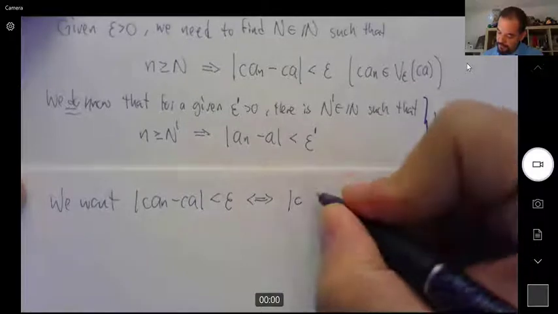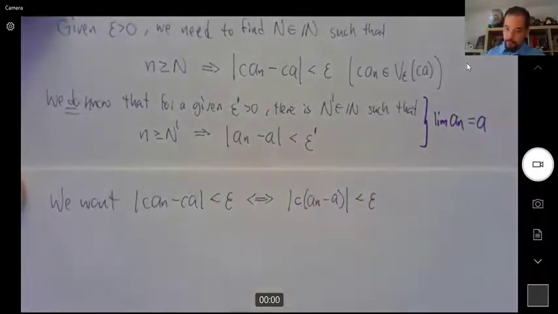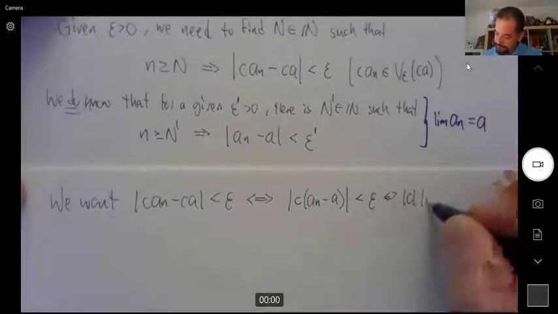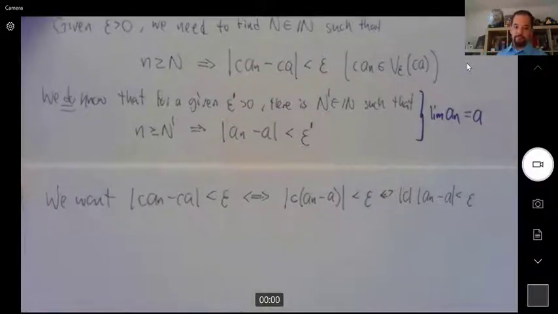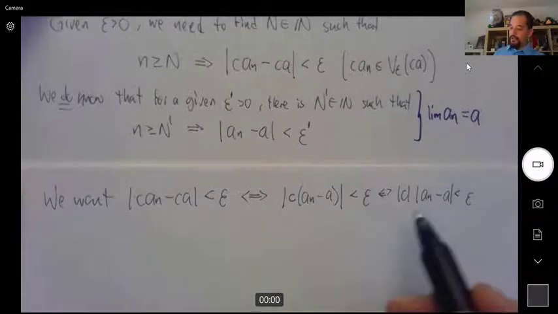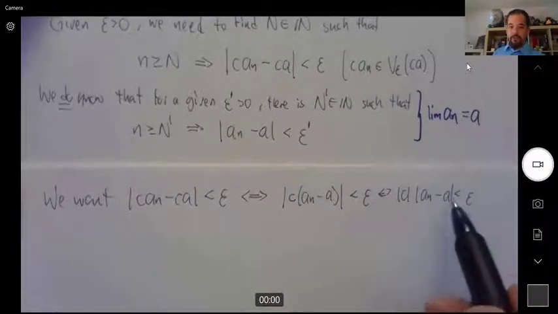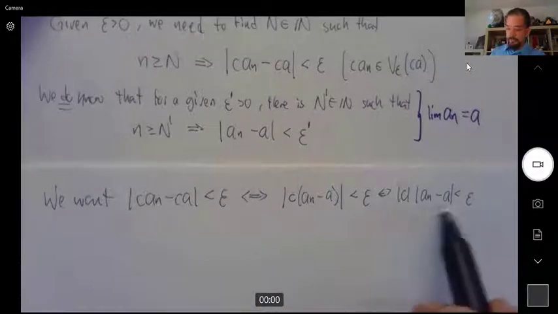That's the same as C times |AN minus A| less than epsilon. And this one makes us happy because we can control this one. Remember, we finally brought to our attention the one we can control. It's right here, AN minus A. That should make you happy, right? When you get something like this, you're on the right track.